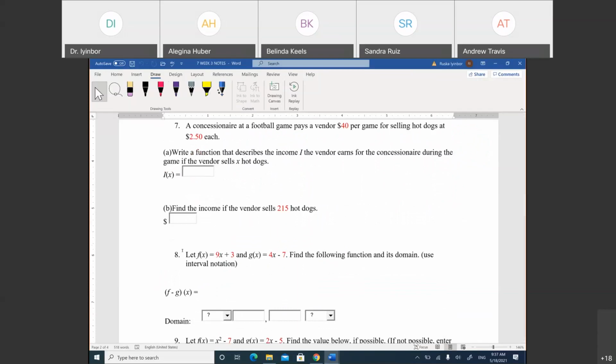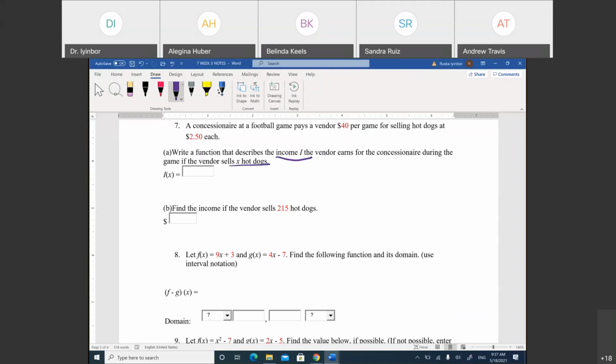So I have to write the function or the equation that describes the income during the game if the vendor sells x hot dogs. So the x represents how many hot dogs you're going to sell, right? So I have to write the equation. Here there is no formula, you just have to use the income. Just think about how you're going to calculate the income.